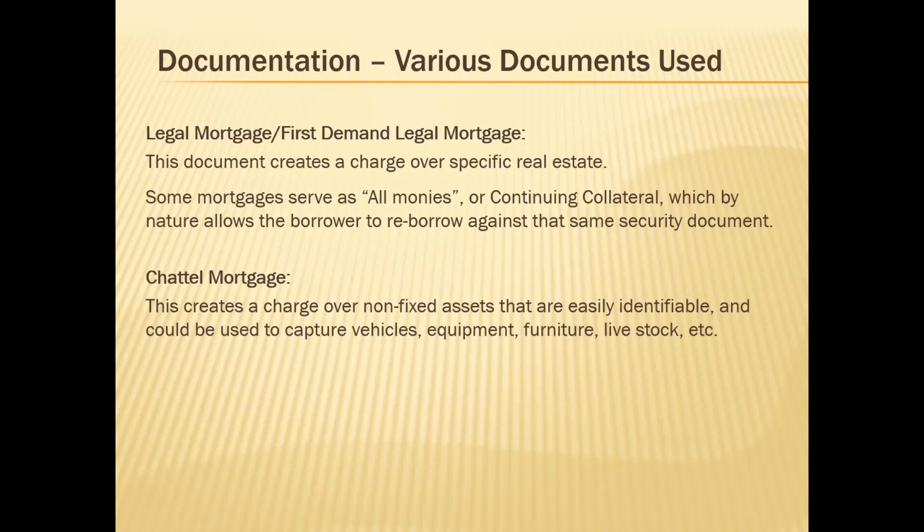But the page will be able to tell you what the document is, whether it's a first legal mortgage or second legal mortgage or further charge, who the parties are, the amount being considered, and where the property is located. It's a short, brief description of the property, no real details. Okay.